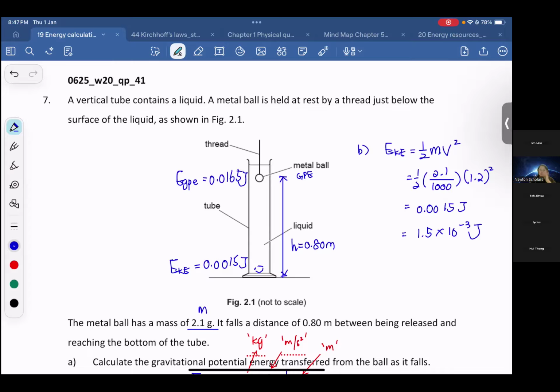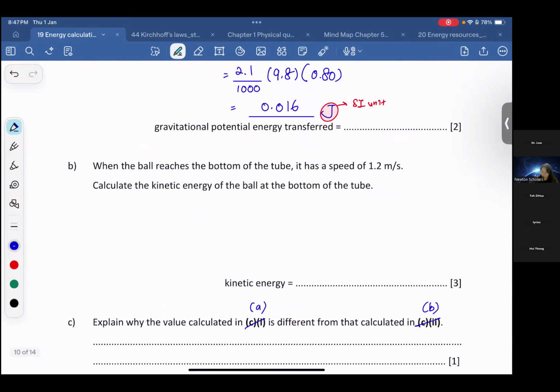Instead of air resistance, inside the liquid we say liquid resistance, or water resistance, but here they didn't mention this is water. So maybe we say liquid resistance, or just resistance also can.